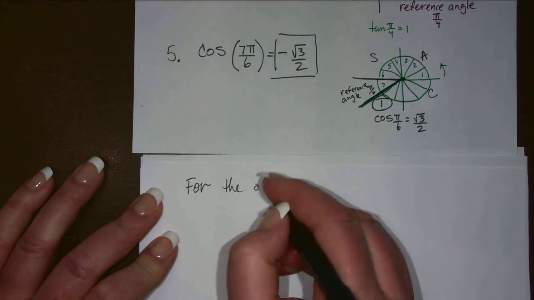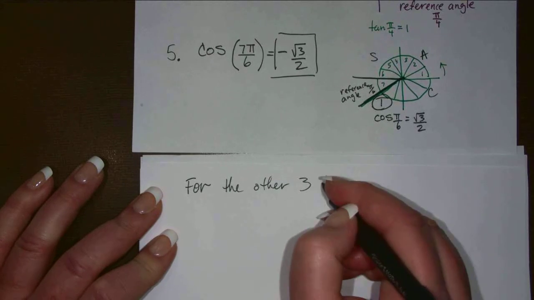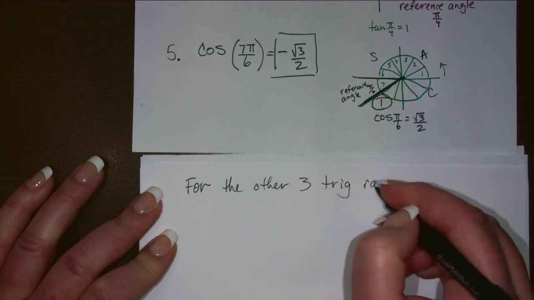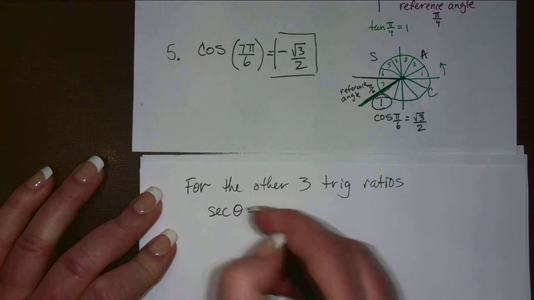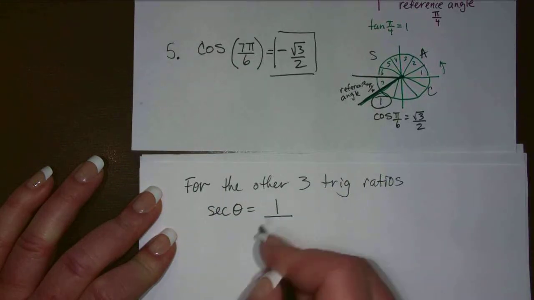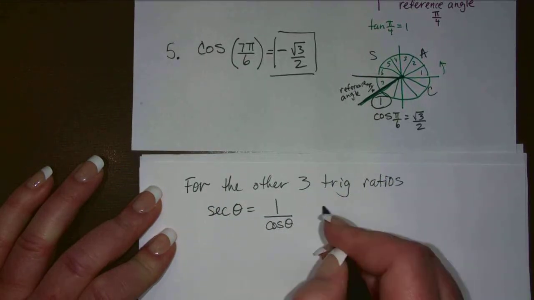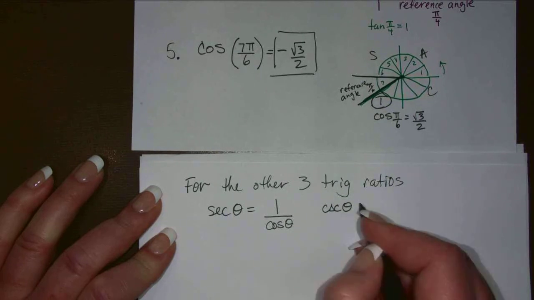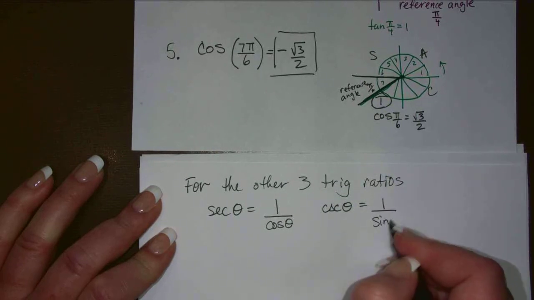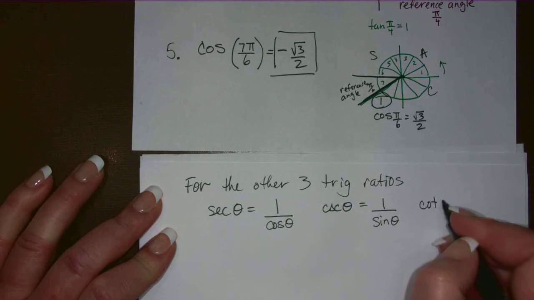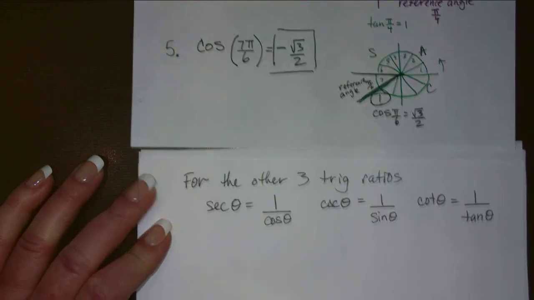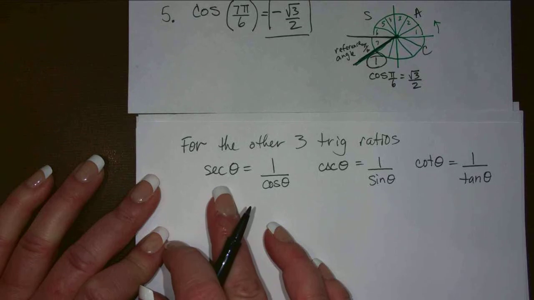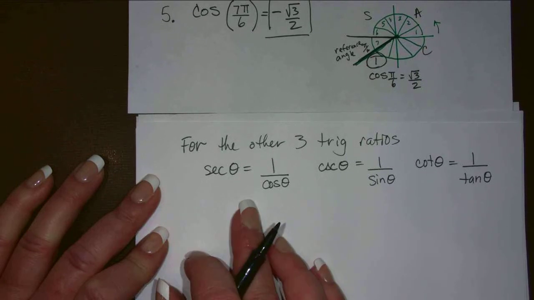So for the other three trig ratios, secant is 1 over cos, cosecant is 1 over sine, and cotan is 1 over tan. So if you're trying to find secant, you first find cos and then you flip over the answer.